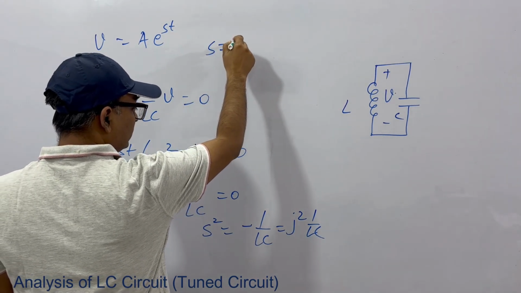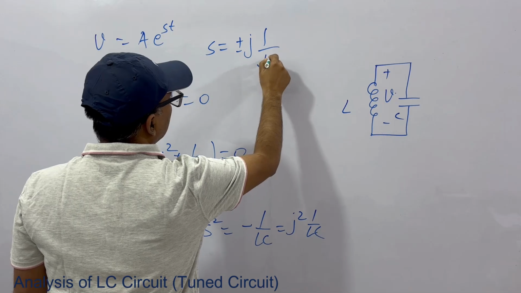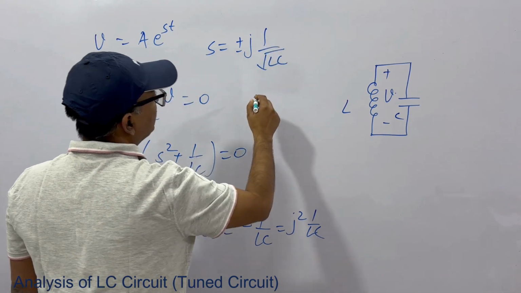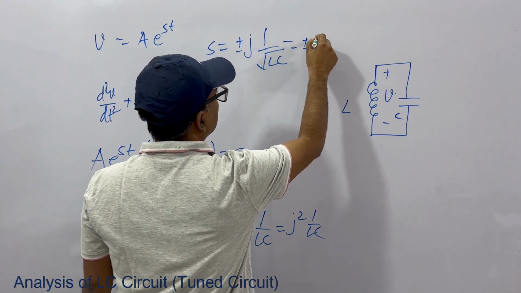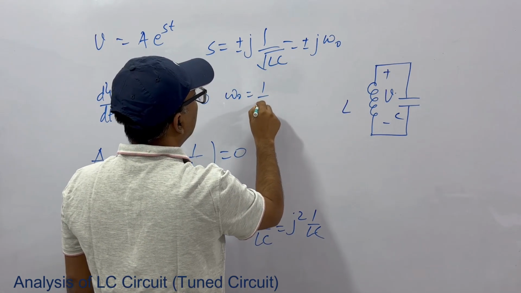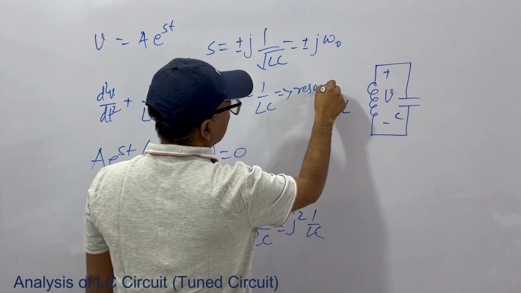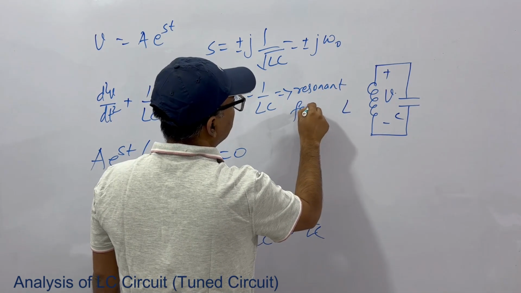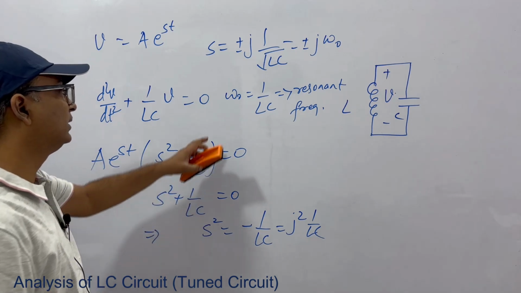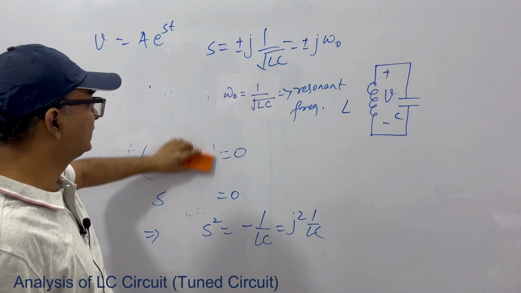You get S is equal to plus minus j 1 by root over LC. So you can write it as plus minus j omega 0, where omega 0 equal to 1 by root LC is called the resonant frequency of the circuit. Okay, so you get the concept of resonant frequency. This omega 0 equal to 1 by root LC is the resonant frequency.